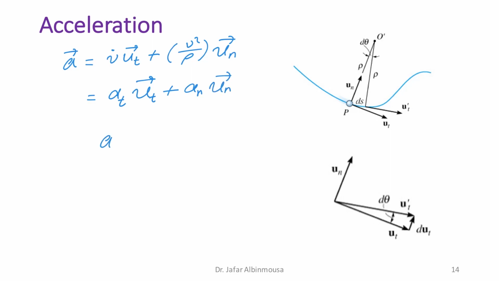So the tangential acceleration a_t is v dot, the rate of change of the velocity, while the normal acceleration is v squared over rho. Therefore, the magnitude of the acceleration is basically the square root of a_t squared plus a_n squared.